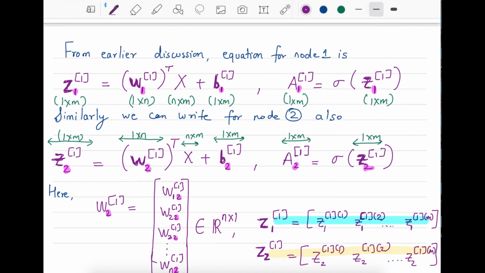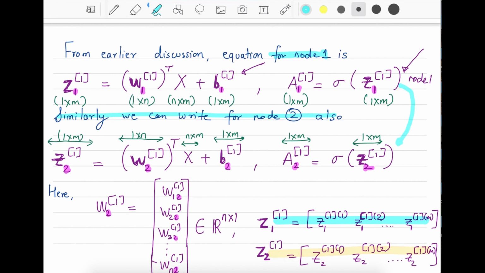Generalizing this from what we derived earlier, as you may recall from your last lecture, this equation we have already derived and understood in detail. So this is for node 1, as given over here. We can write it for node 2 also in a similar way as we did for node 1.